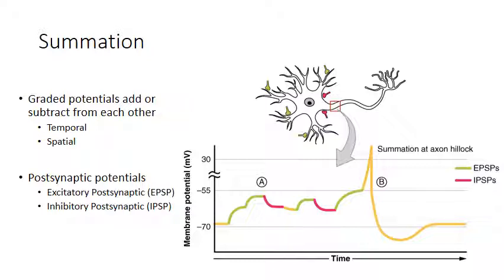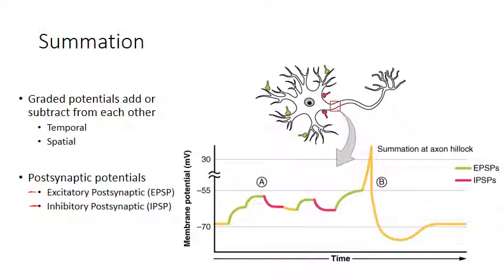If that occurs, we call that an excitatory postsynaptic potential, which we abbreviate EPSP. Anytime we have hyperpolarization of the postsynaptic cell, we decrease the chance of an action potential, and therefore we have an inhibitory postsynaptic potential, or an IPSP.